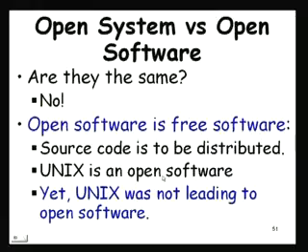Unix is open software, but even though it was open software, it was not leading to an open system. I should have written system here. Unix was not an open system, because different vendors had extended it in different ways.